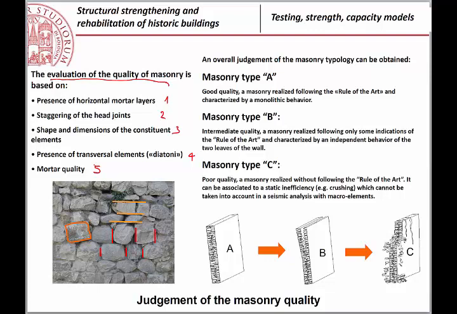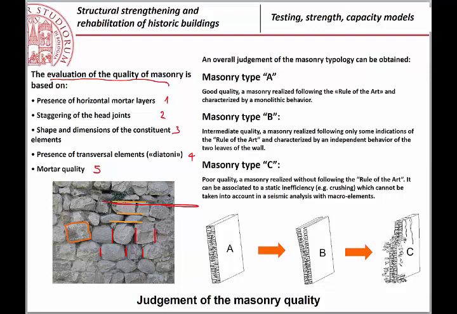It is not quantitative. But I will show you some pictures to show that it is quite a scientific way of proceeding. Anyway, for example, you see here, but we will go into the details. For example, if we have horizontal mortar layers, which is the shape of those layers. This is the first parameter.